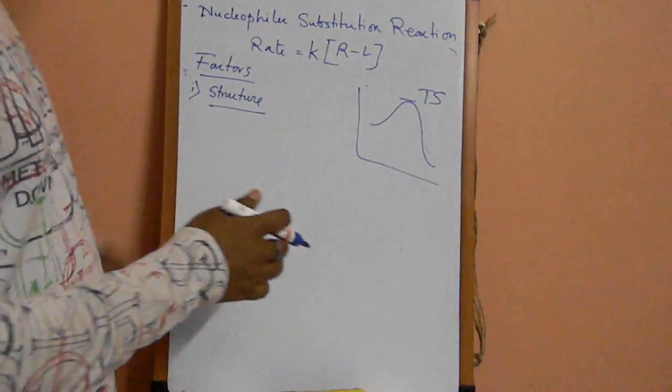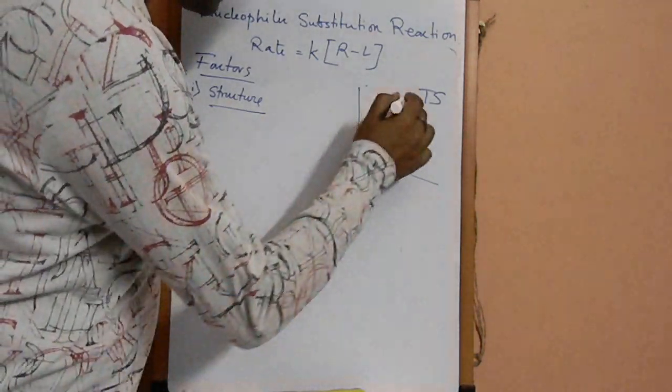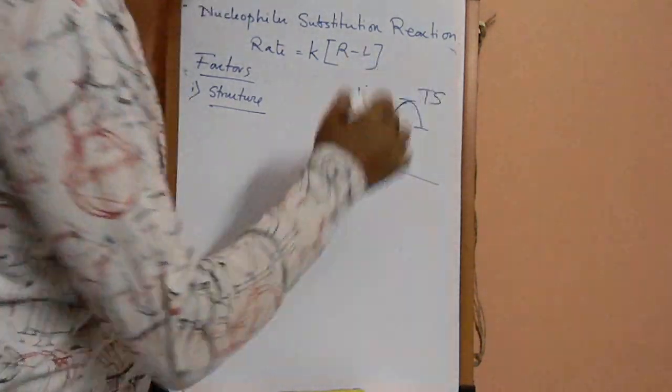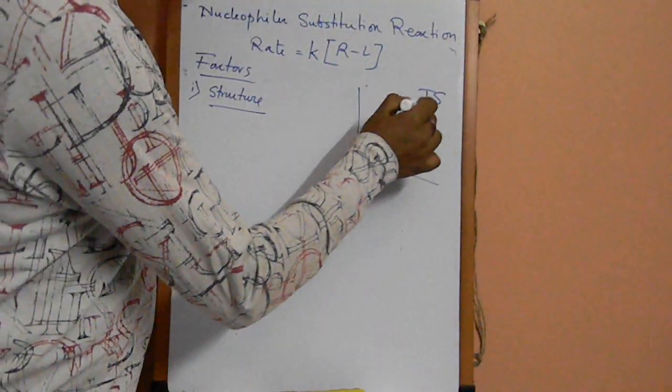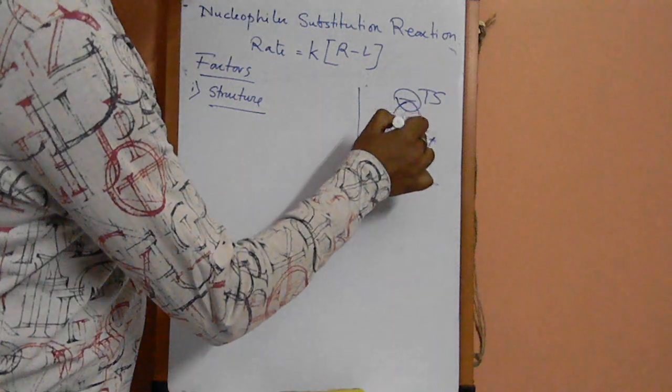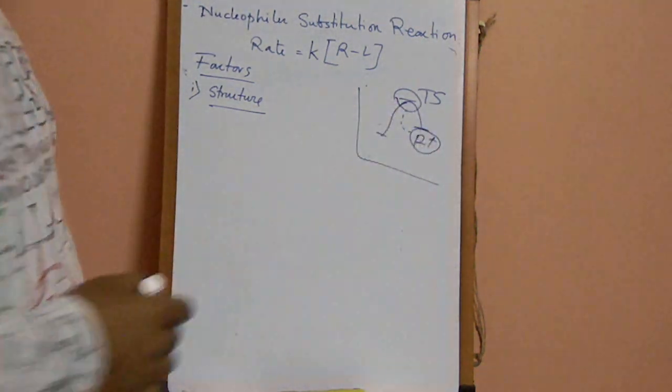But what happens in this case, because this is a typical endothermic reaction, this transition state will be very much similar in structure and resemblance to that of R plus.